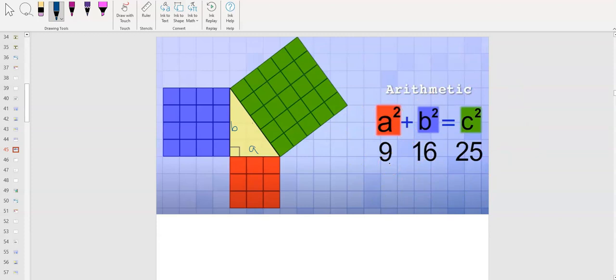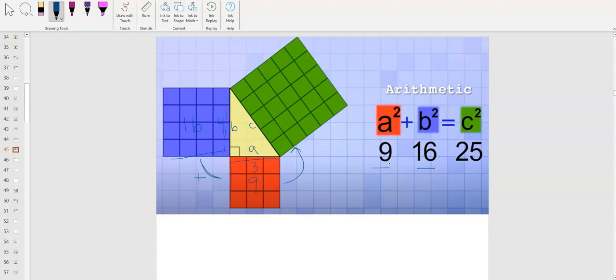Think about squaring like in geometry. A, which is 3 units long, squared is 3 times 3, that's 9. B, which is 4 units long, squared, 4 times 4, is 16. If I add these two together, they are going to equal C squared.